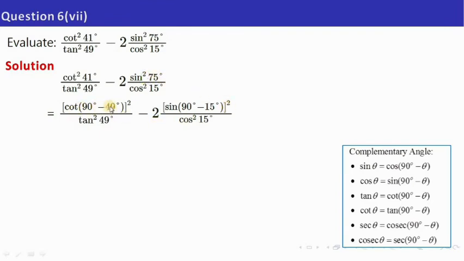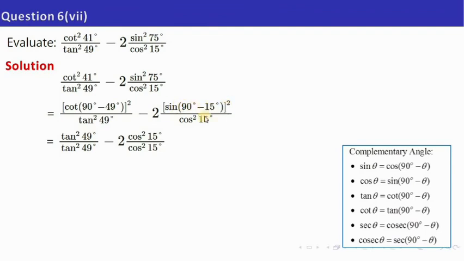Okay, so what is cot 90 minus theta? Here theta is, please make note of it, 49 degree. So cot 90 minus theta becomes tan theta, and that's why it is becoming tan 49 here. The square is there, and square of tan 49 will be tan square 49. Similarly, sine 90 minus theta is cos theta.